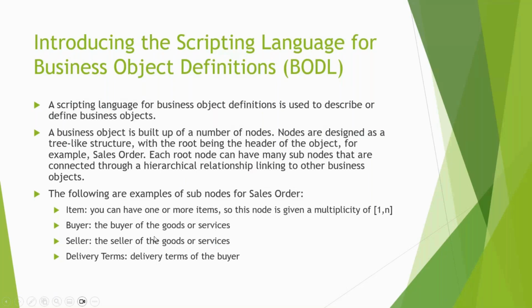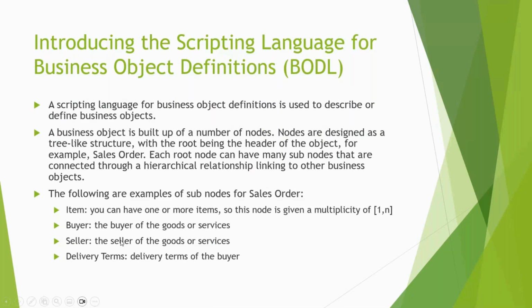We can have multiple items for a single sales order, so we define the item as a subnode, and under that item node we can have product ID, quantity, and price. Those things are repetitive, so if there is anything repetitive, we can define it as child nodes, subnodes.